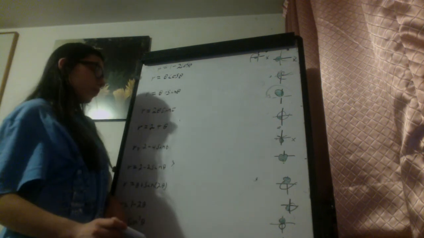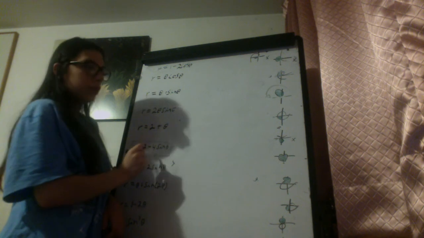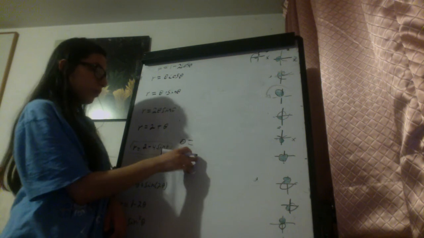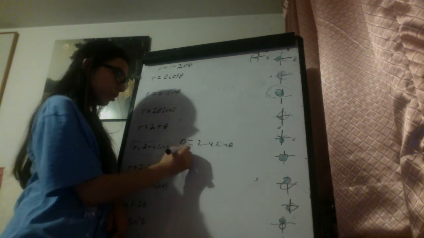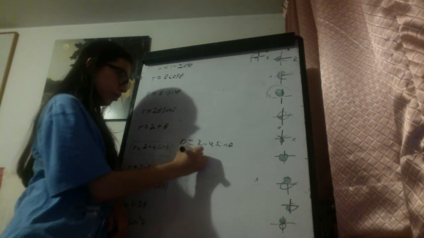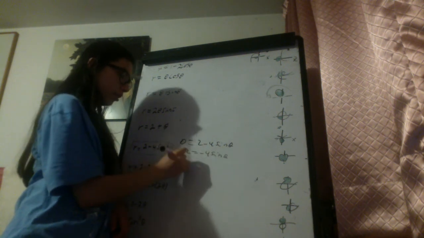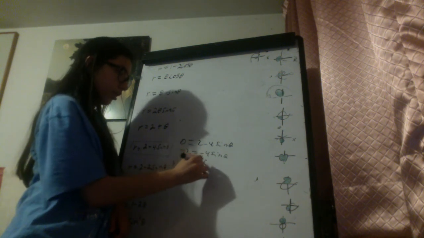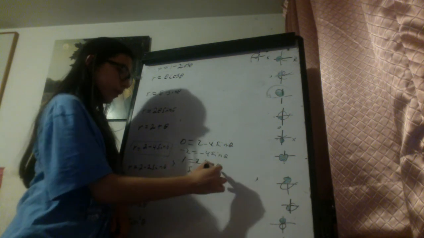So the way to do this is equate this to 0, as we did in the previous video and in the previous example. So 0 equals 2 minus 4 sine theta. So minus 2 equals minus 4 sine theta. Divide everything by 2 and switch sign. We have 1 equals 2 sine theta, or sine theta is equal to 1/2.